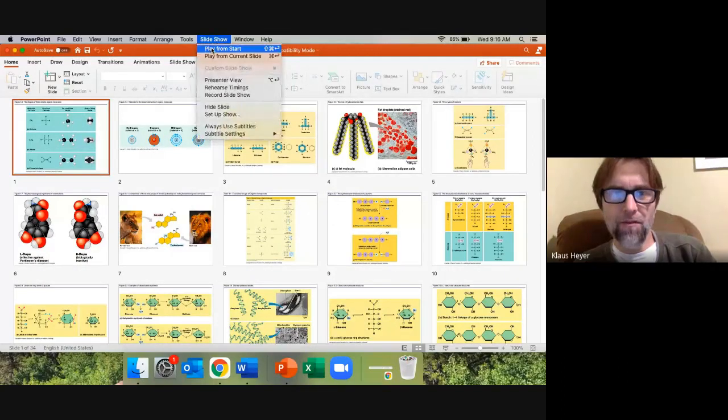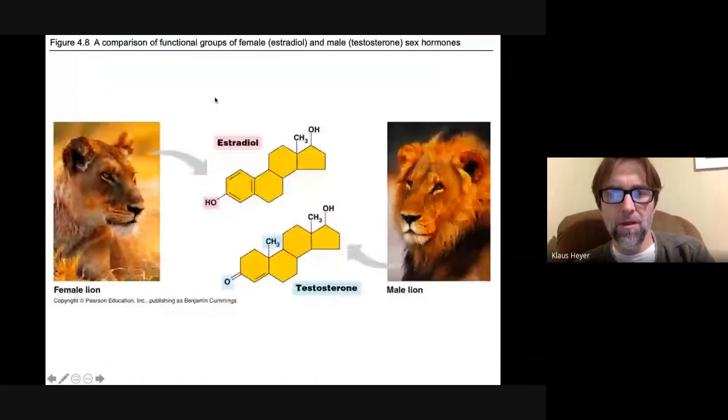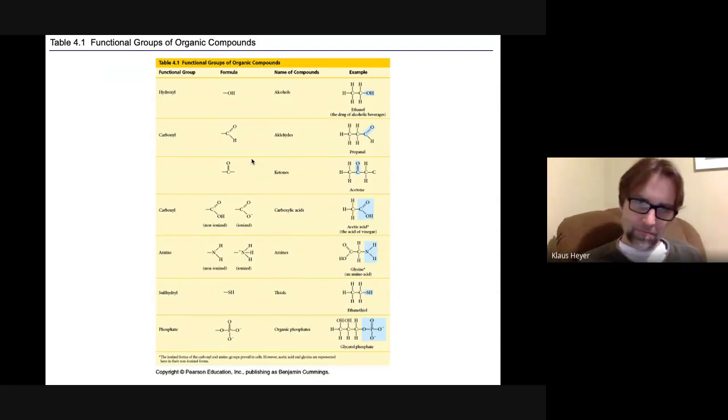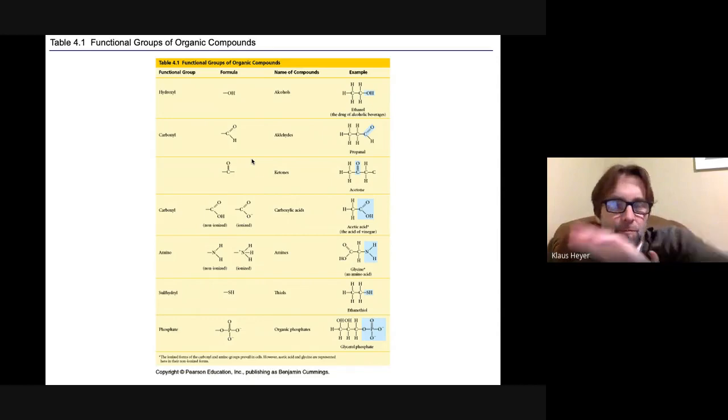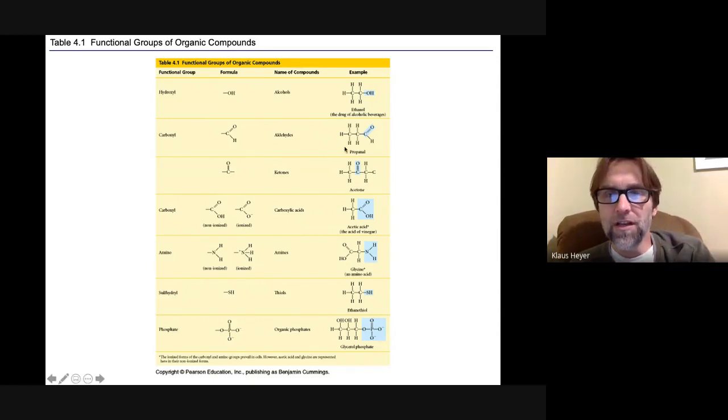Let me go back to my functional groups. These are functional groups, and let me see if I can make it larger. No, I can't. They're hard to see, but what we're going to do is take that carbon skeleton, and if you look over on the right, the part that's not in blue, you can see the carbon skeleton.